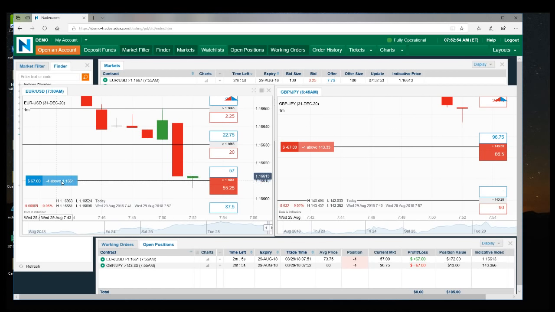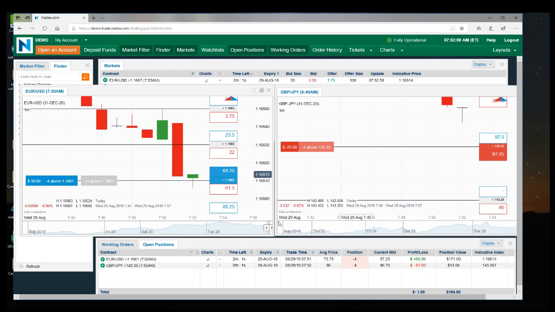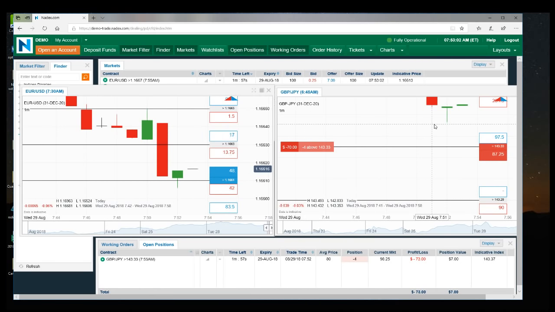Yeah, I don't like what that's doing. And I'll go ahead and close it if I can. There we go. In this case, you're only saving about $14 here if you exit. So I'm just going to wait and see what happens.